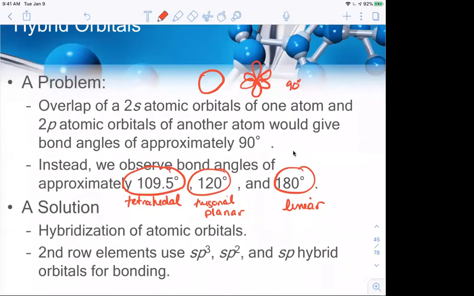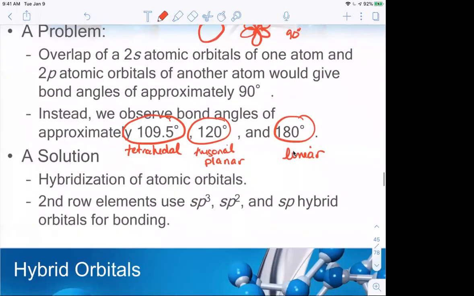In order to account for these observed bond angles in actual compounds that are measured experimentally, I have to use something called hybridization, which is actually a mixing of those s and those p orbitals.